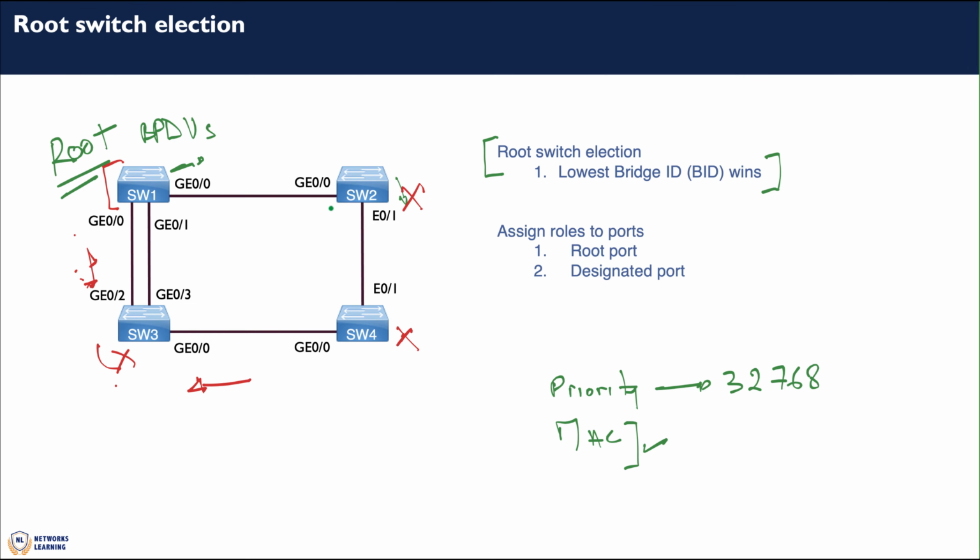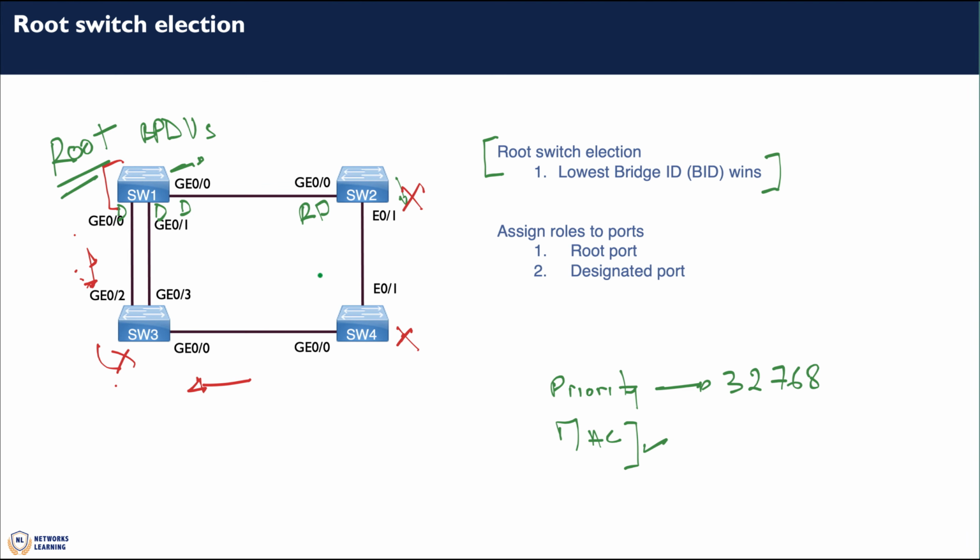So in this case, if you look at switch 2, switch 1 is your root bridge. Switch 2 will be receiving frames from switch 1 via gigabit 0/0. So this will be your root port. On the root bridge, both ports will be called designated ports, and both these ports will be forwarding frames.